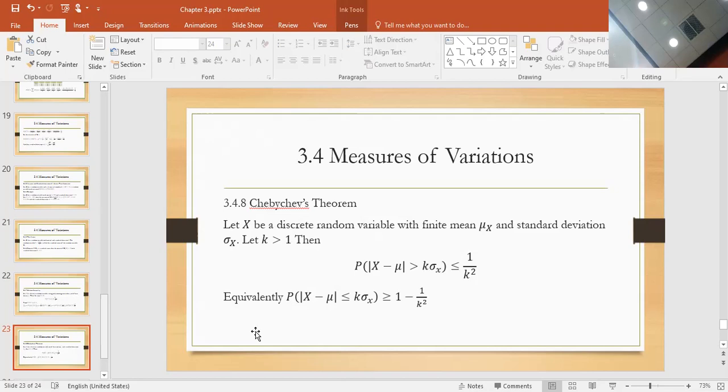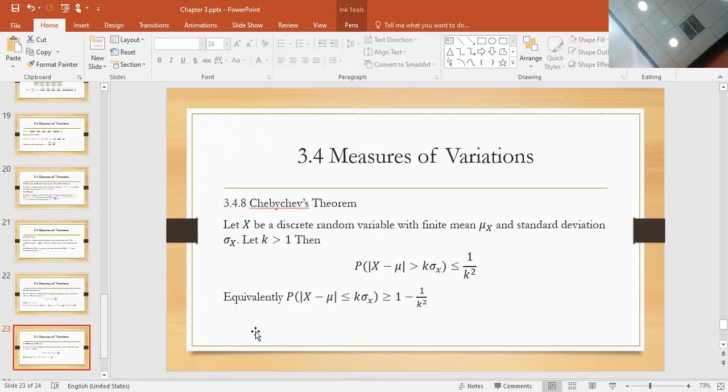So think about it. What is the meaning of within k standard deviations? This is the mean. Within one standard deviation, we will be here, mu minus sigma, mu plus sigma. At this level, the distance of the point to the mean is less than 1 standard deviation.